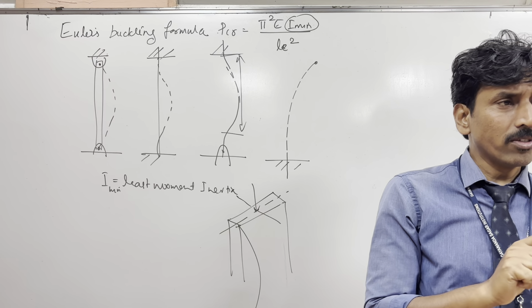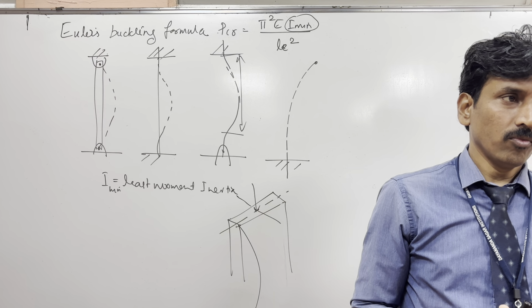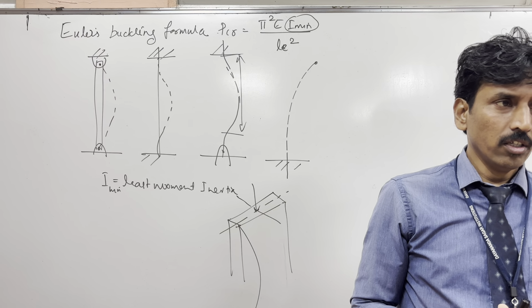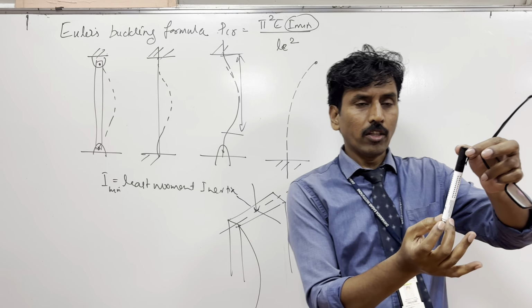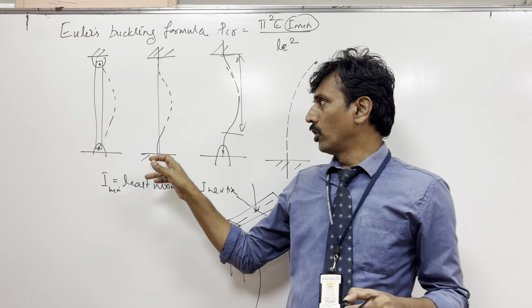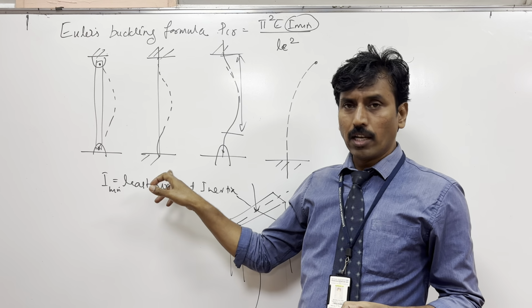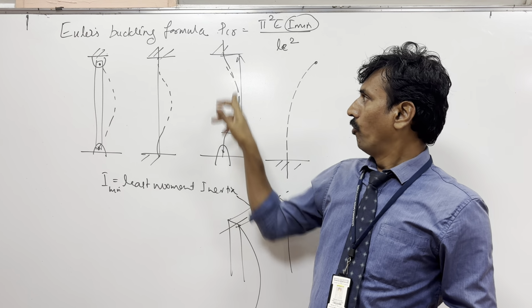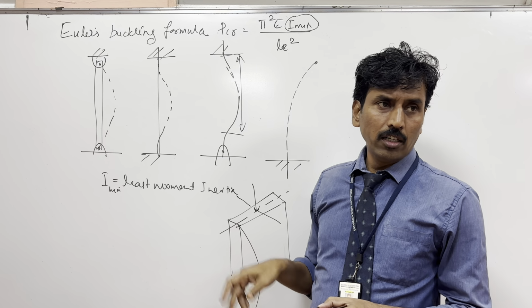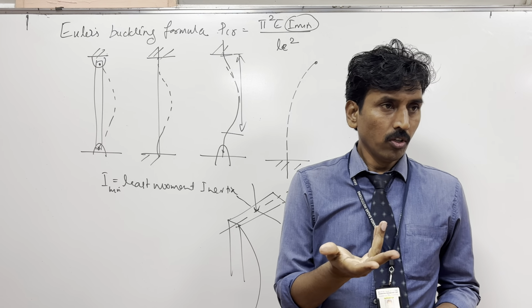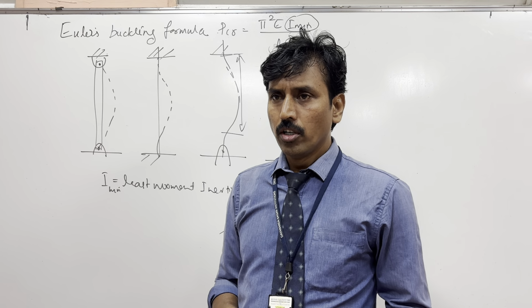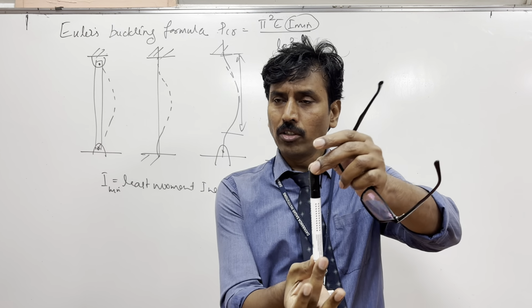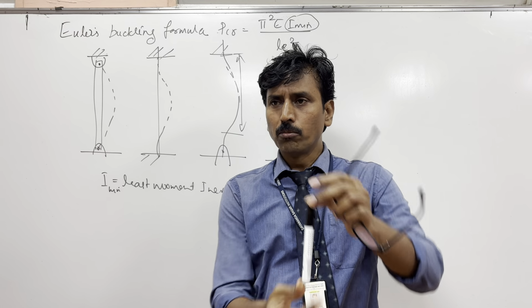Now you may ask what condition it is. Is the rod hinged like this, fixed on both ends like this, or fixed at one end and hinged at the other? You should have asked that. So it also depends on the end conditions. Imagine it is hinged in both cases.